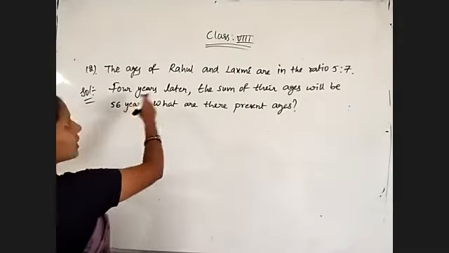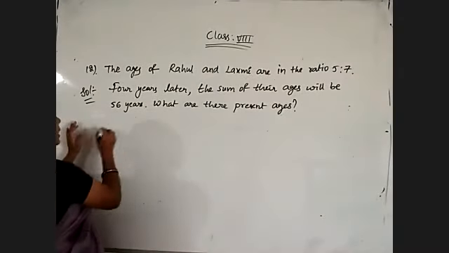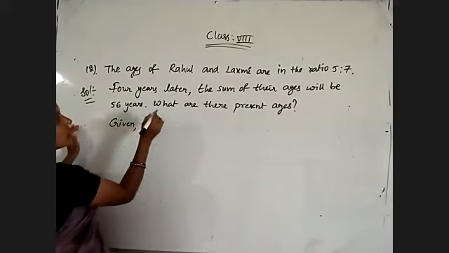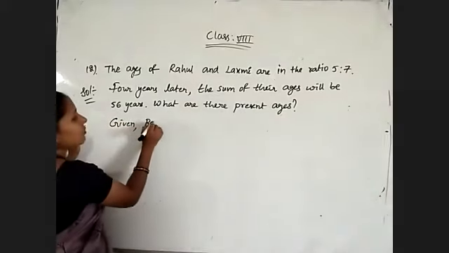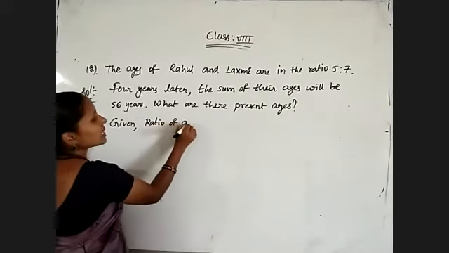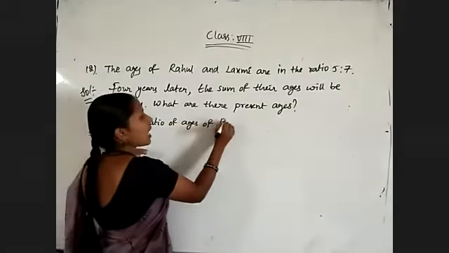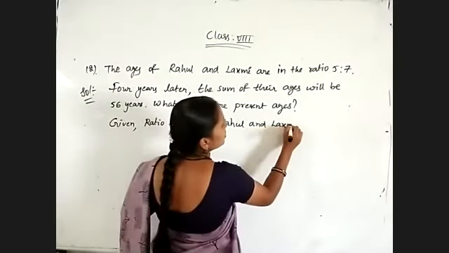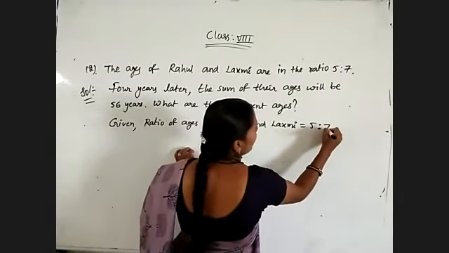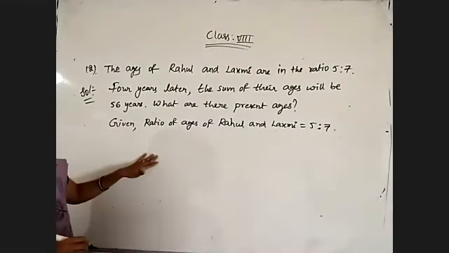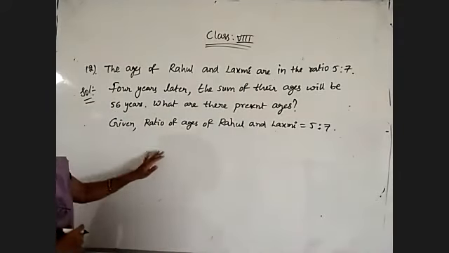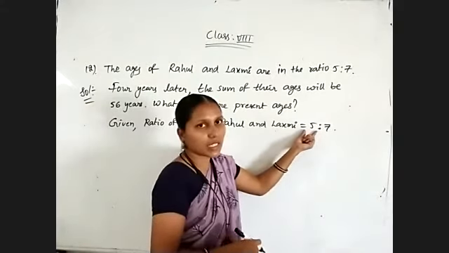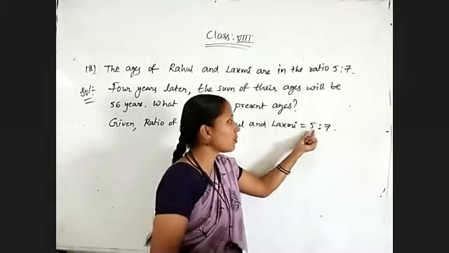So first of all, the ages of Rahul and Lakshmi are given. Whatever is given, observe: the ratio of ages of Rahul and Lakshmi is equal to 5:7. That means their present ages are in the ratio 5:7. The ratio is nothing but the number they are having, that is a common multiple for both of the given values.